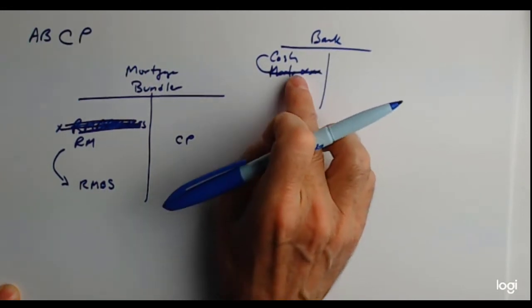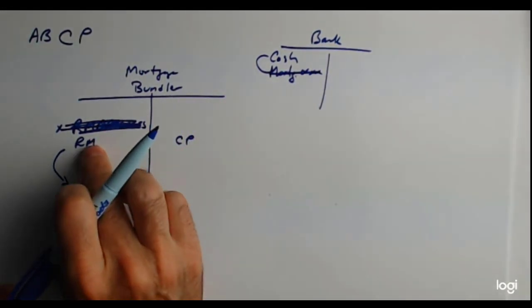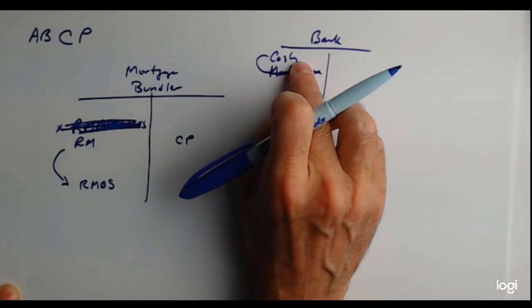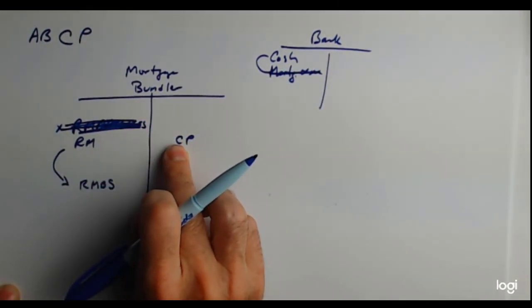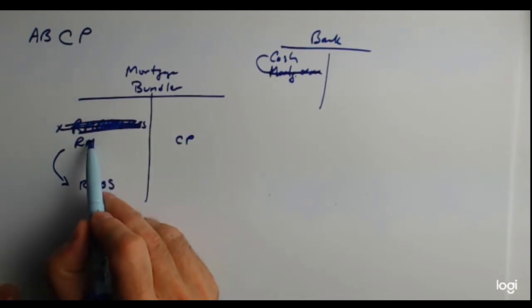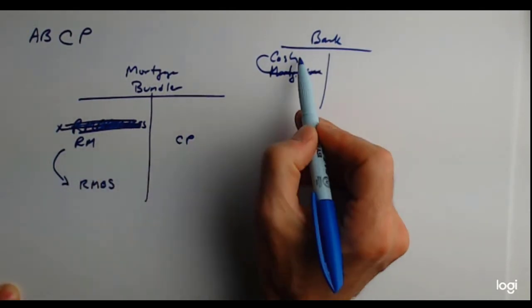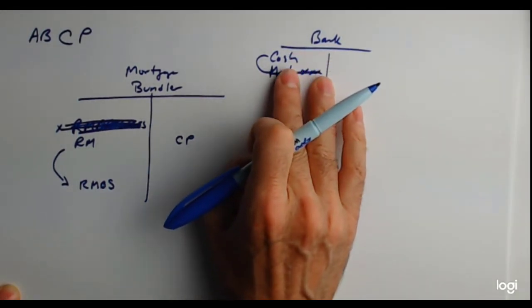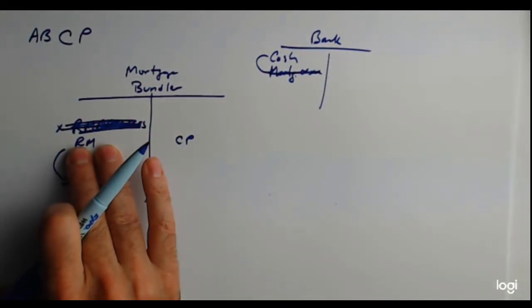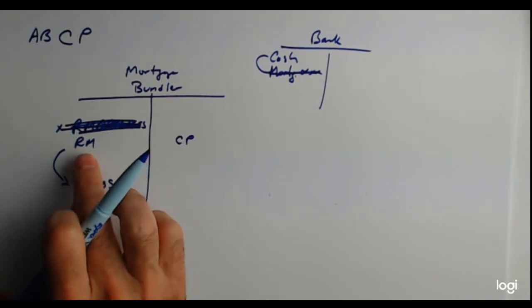So the bank sells the mortgages to the mortgage bundler. The bank gets cash, and the mortgage bundler gets the cash by issuing commercial paper. So the commercial paper is used to buy the residential mortgages to pay off the bank. Okay, so now the mortgages have moved off the balance sheet of the bank, and there they are on the bundler's balance sheet. They don't sit there very long.